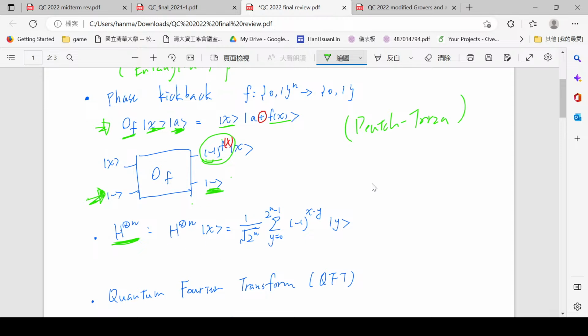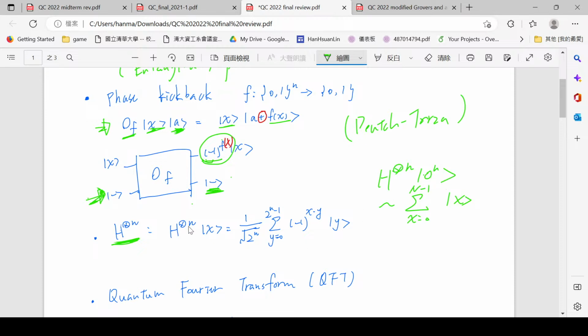One way we like to use Hadamard to the n is to apply it to the zero state, |0>^n, and it becomes the equal superposition of every x. I didn't write the normalization, but it's the sum over x from 0 to 2^n - 1, over all the x. So this is a way to create a uniform superposition if you input |0>.